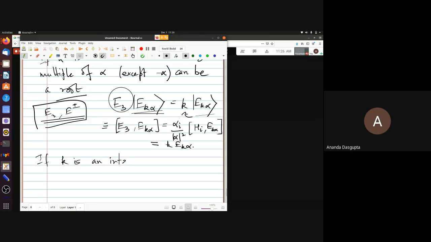If K is an integer, then because you have a lowering and raising possibility here, suppose K is neither plus 1 nor minus 1. It's an integer. What can it be? It can be 5. Then I can apply E minus 4 times, and I will get a state with E3 eigenvalue 1, won't I? Yes or no? Yes. Okay.